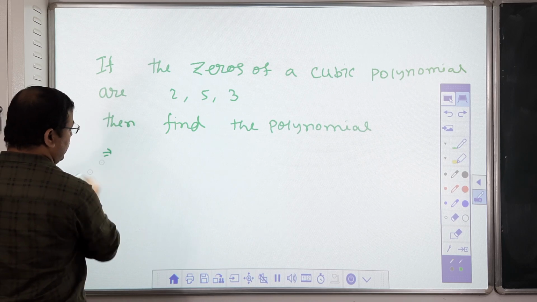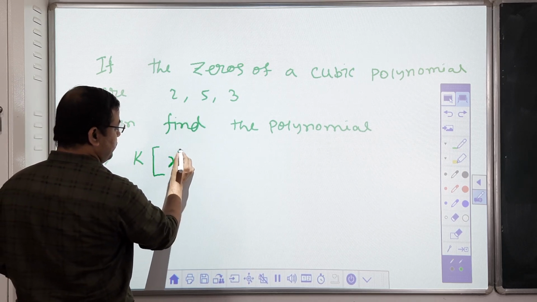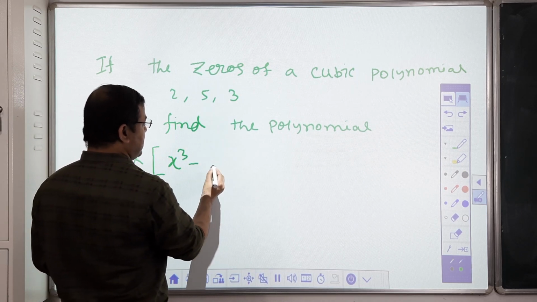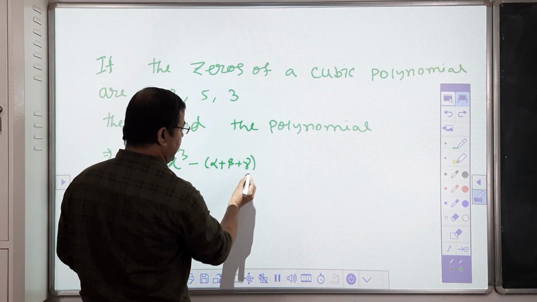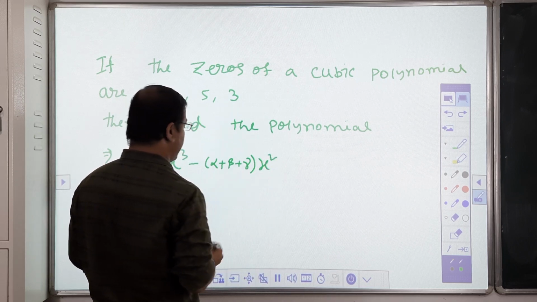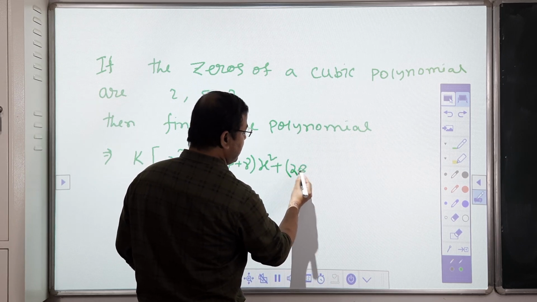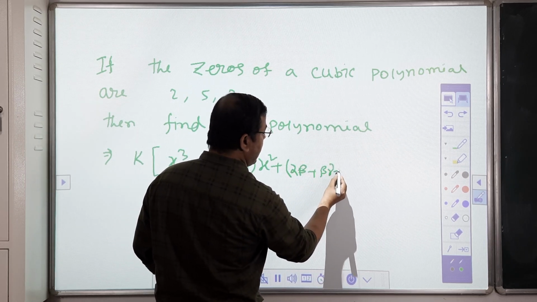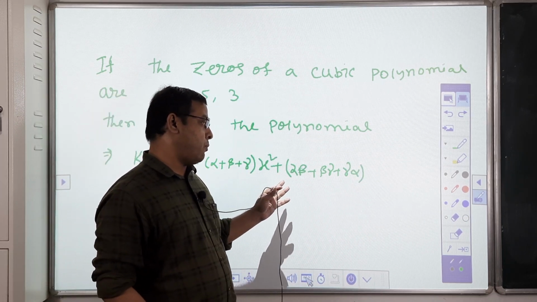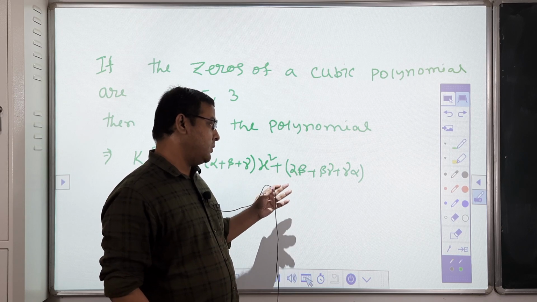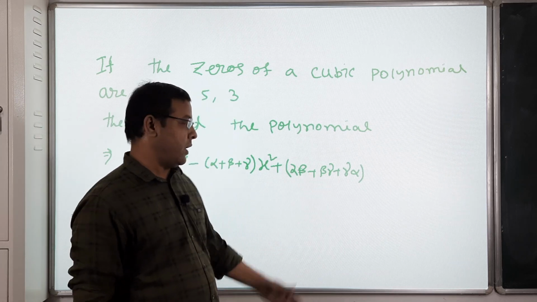The general form of a cubic polynomial is k into (x cube minus the sum of the zeros, that means alpha plus beta plus gamma, into x square plus alpha beta plus beta gamma plus gamma alpha). That means the sum of the products of zeros taking 2 at a time: alpha beta, beta gamma, gamma alpha.